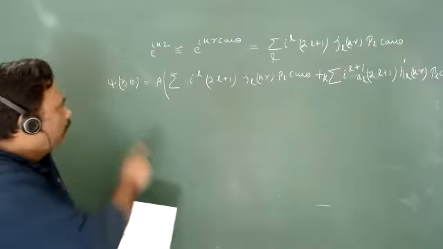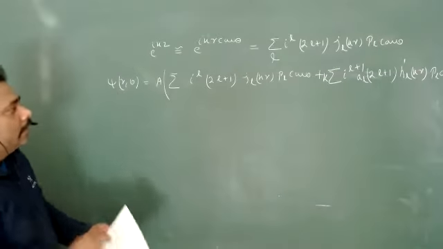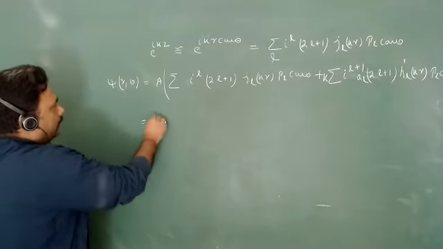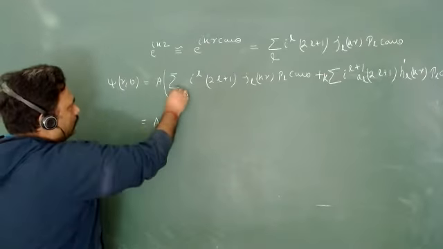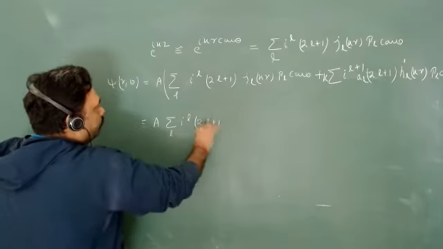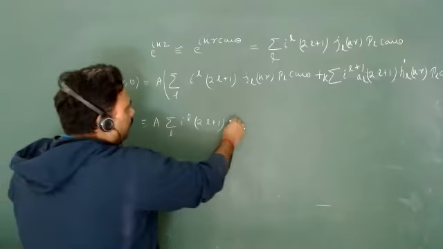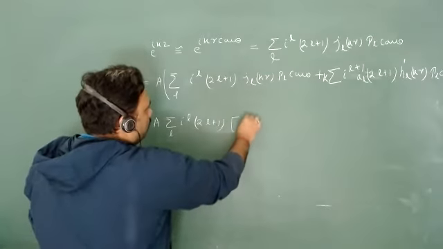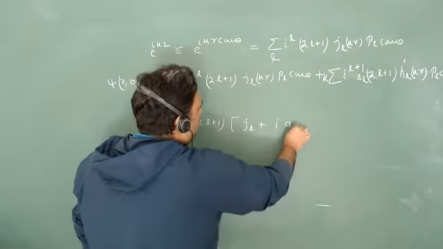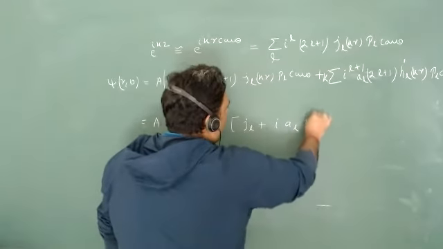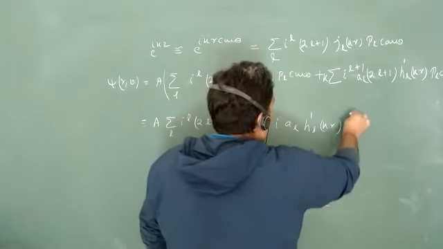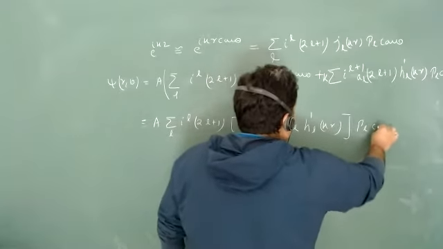And this h_l is one type of Hankel function you have to take. So we can take a lot of things common here, isn't it? What can we take common? I can take the summation over l of i to the power l, (2l plus 1) common, and we have j_l plus i A_l h_l^(1)(kr), and we have P_l(cos theta).